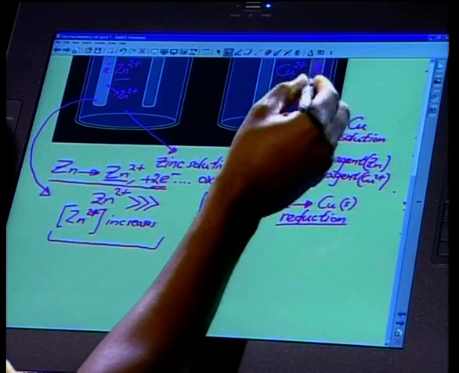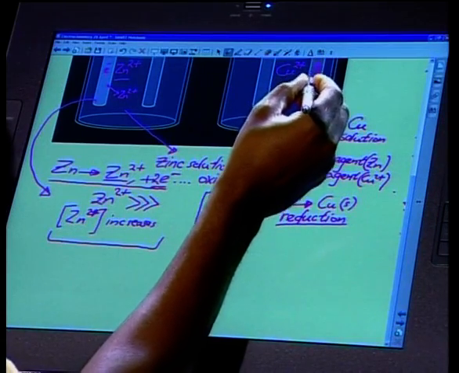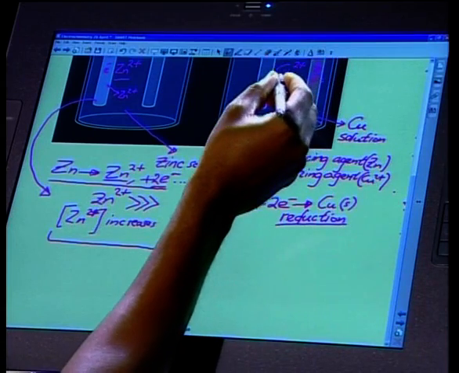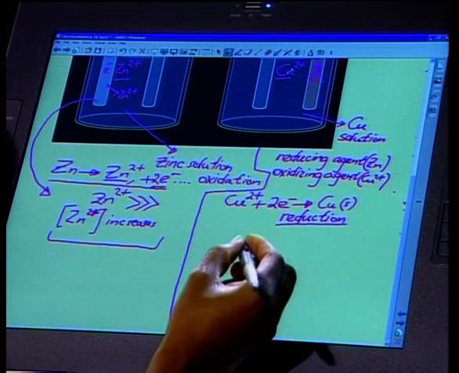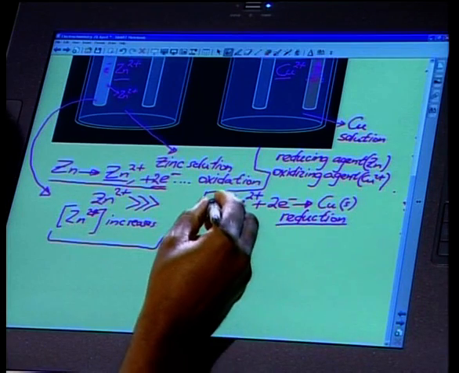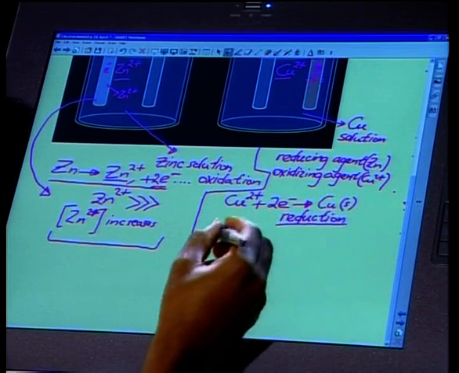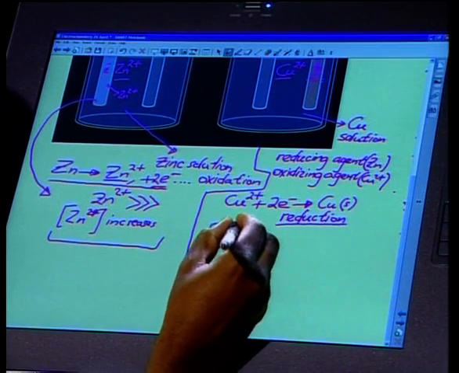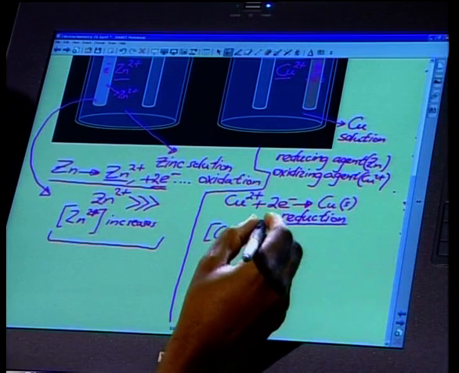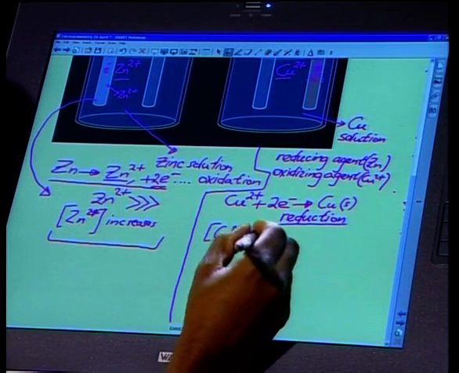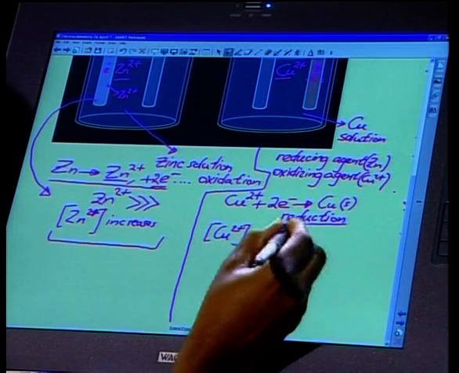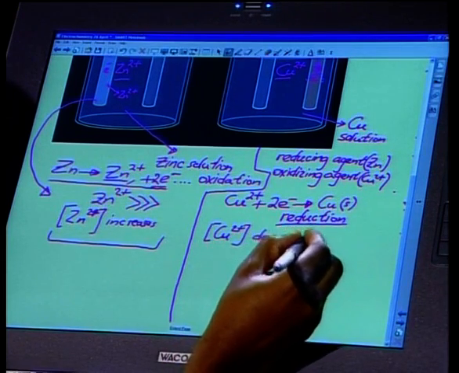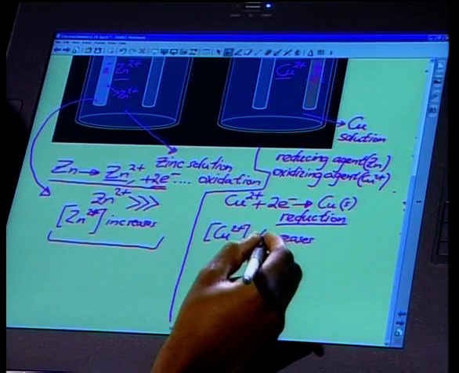Every time electrons arrive on this electrode, what happens to the Cu2+ ions? They are taken out of the solution. So the concentration of the Cu2+ ions decreases.